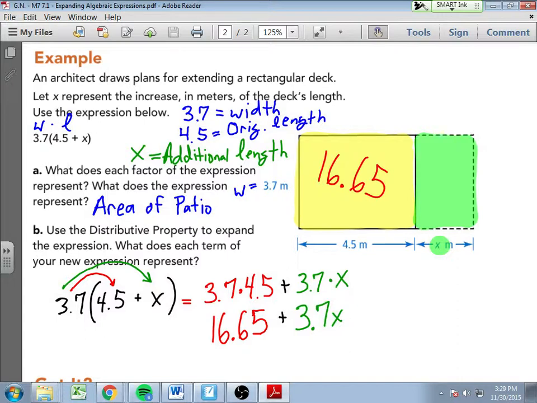The reason we only have one variable is because we're not varying the width. That's staying 3.7. So this 3.7x is the area of the new part of the deck, or patio, whatever you call it. So now to figure out the total area, this represents my total patio area.